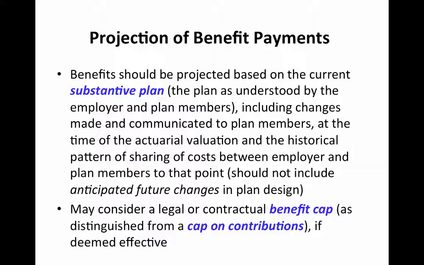On the other hand, a cap on contributions from the government is not considered, because the fact that a government is limited to only contributing a certain amount doesn't change the cost of the benefit. The cost of the benefit is what it is, regardless of who's paying for it.